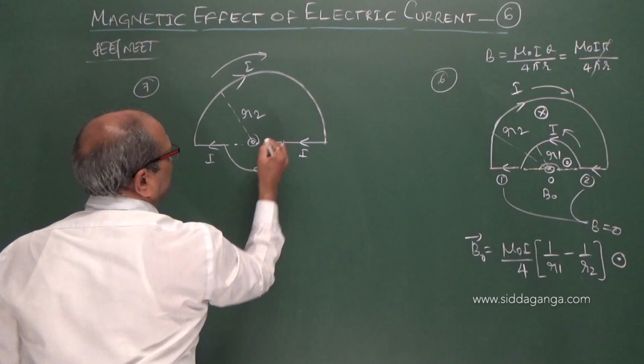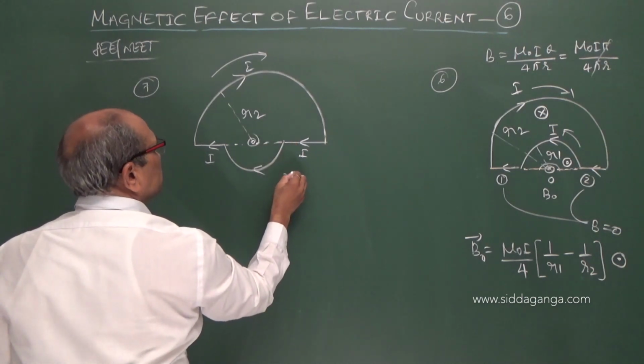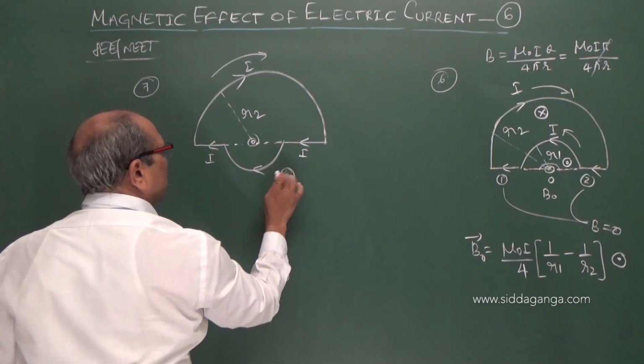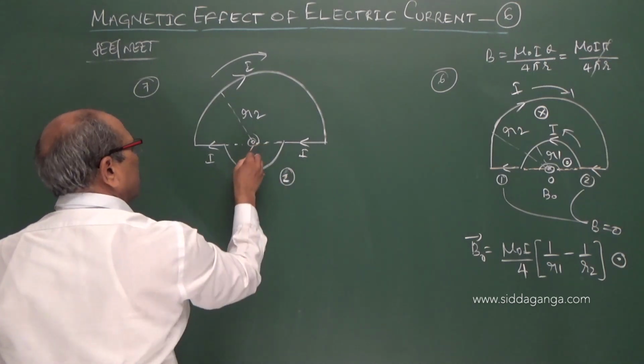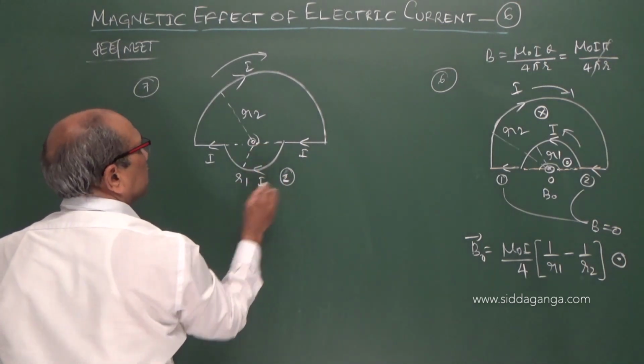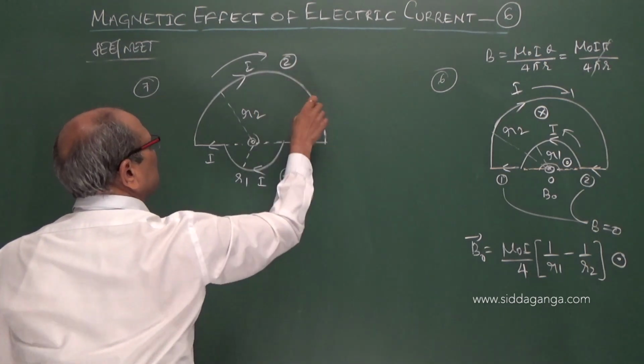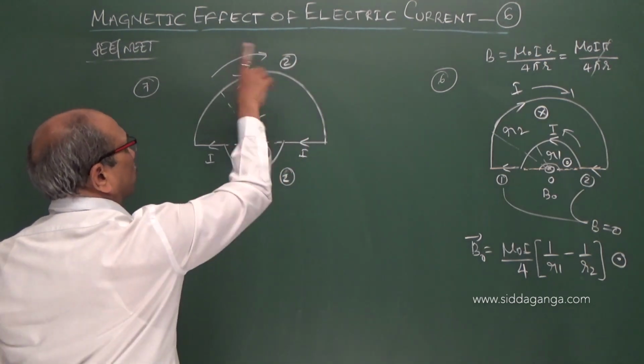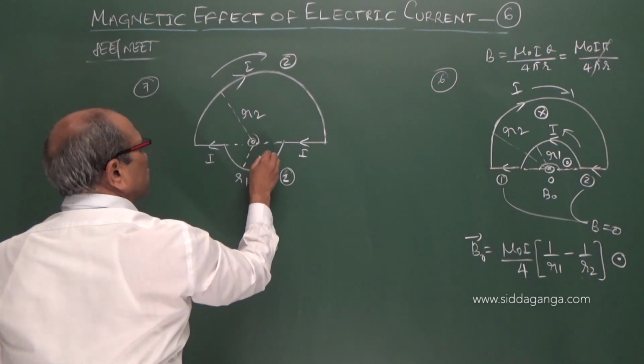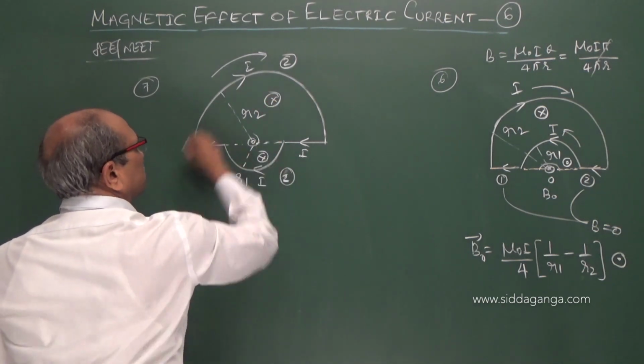They are in line. These two: coil 1 with R1 and I, and R2 coil 2. Both are clockwise, no problem. Both are producing clockwise fields.